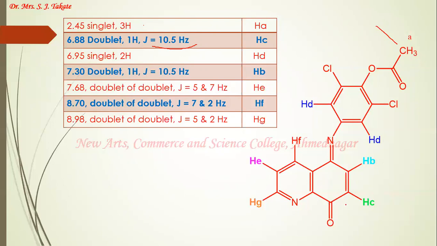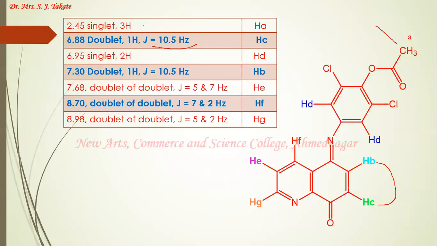If you look at this ring system, this is not an aromatic ring system. So we can consider that B and C protons are present on a carbon-carbon double bond of an olefin. So we can assign the signal 6.88 either to HB or HC.